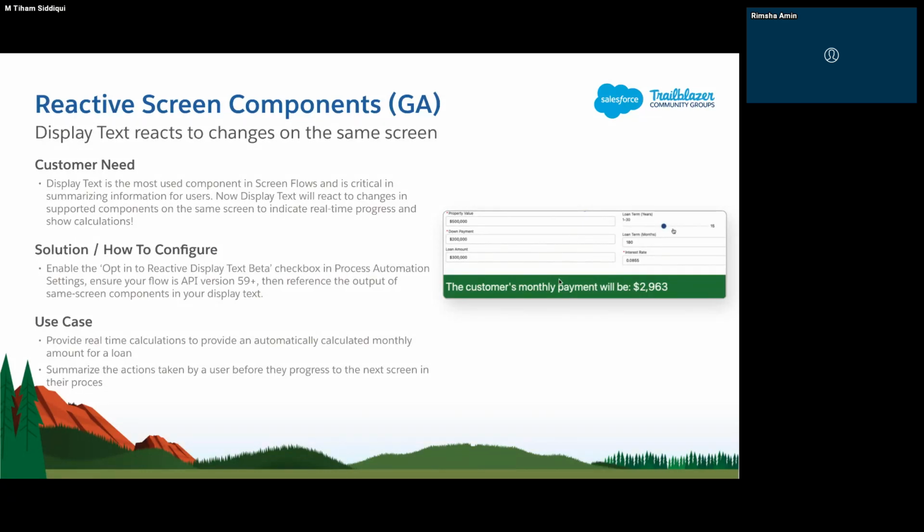What you can do is show the text with the amount changing when you are updating the slider. The slider is the loan term in years. So if you increase the years, the monthly payment will decrease or increase.